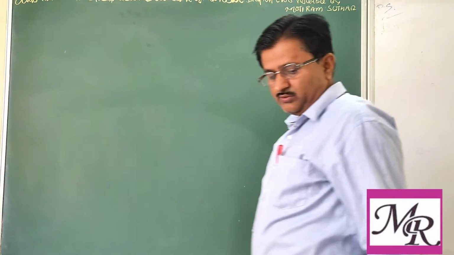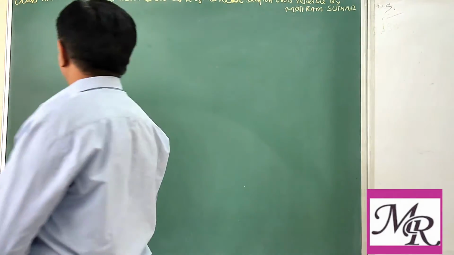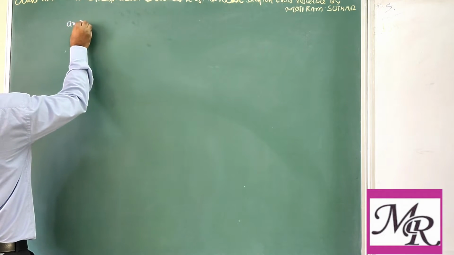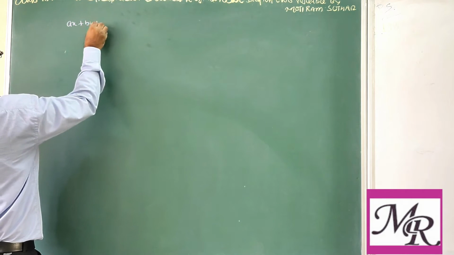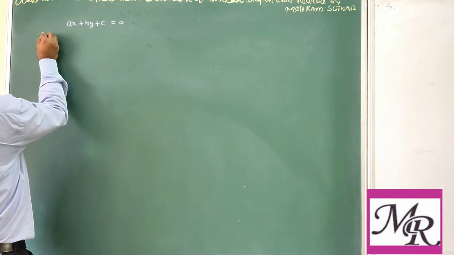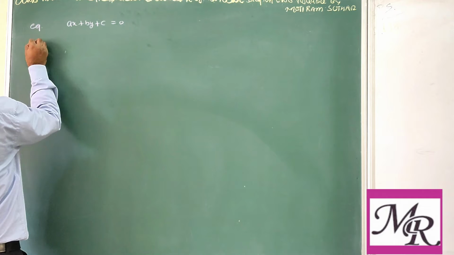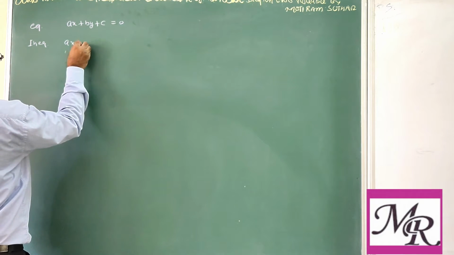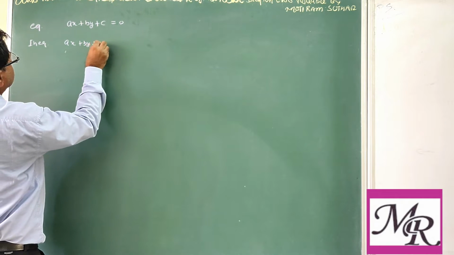So now see, when we are given an equation in two variables, generally we write ax plus by plus c equal to 0. But here we have inequality. This is the equation, and the inequality may be like this: ax plus by plus c.